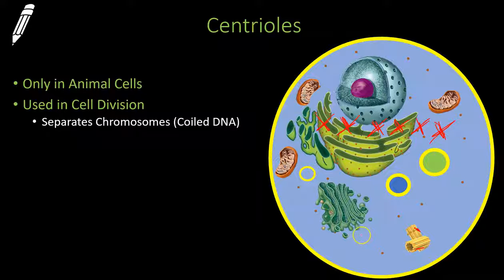We're going to get another centriole. And they're going to move to opposite ends. So this centriole might move here. This one might move all the way over here. And then what the centrioles do is they send out these protein fibers. And these protein fibers connect to the chromosomes.